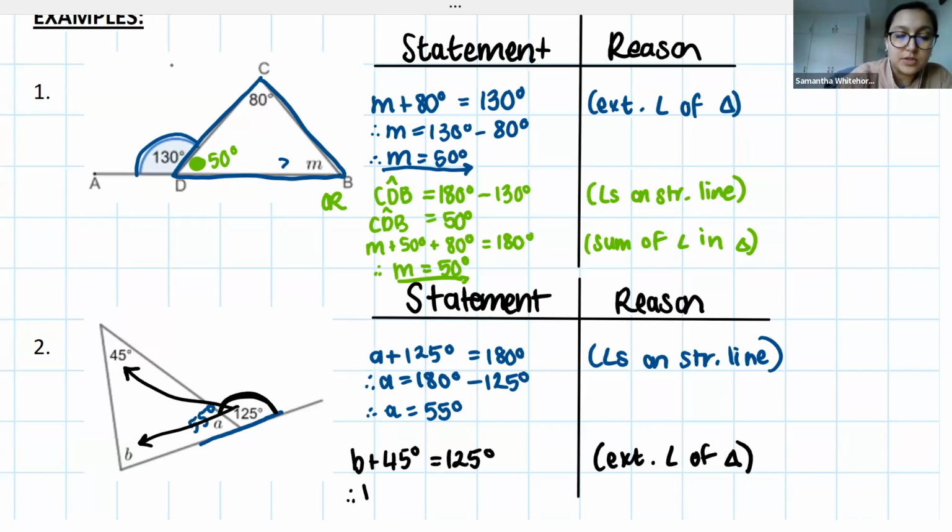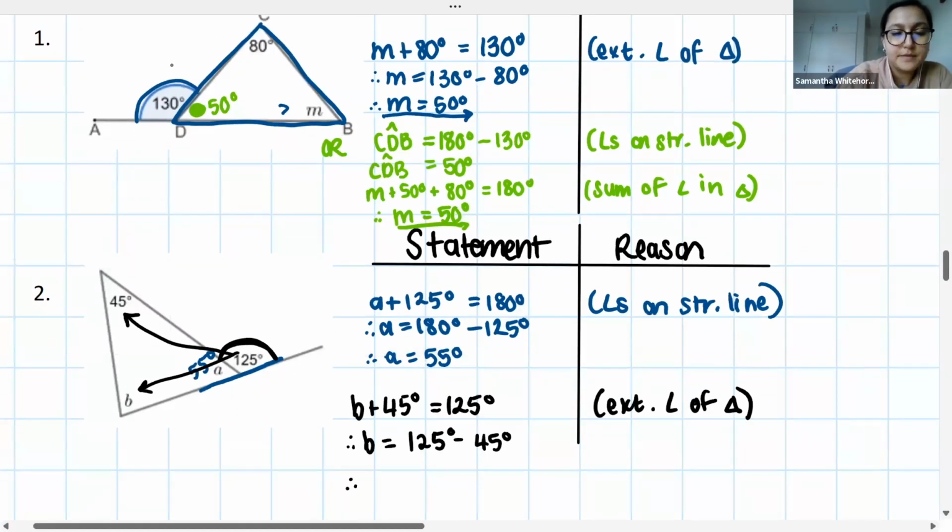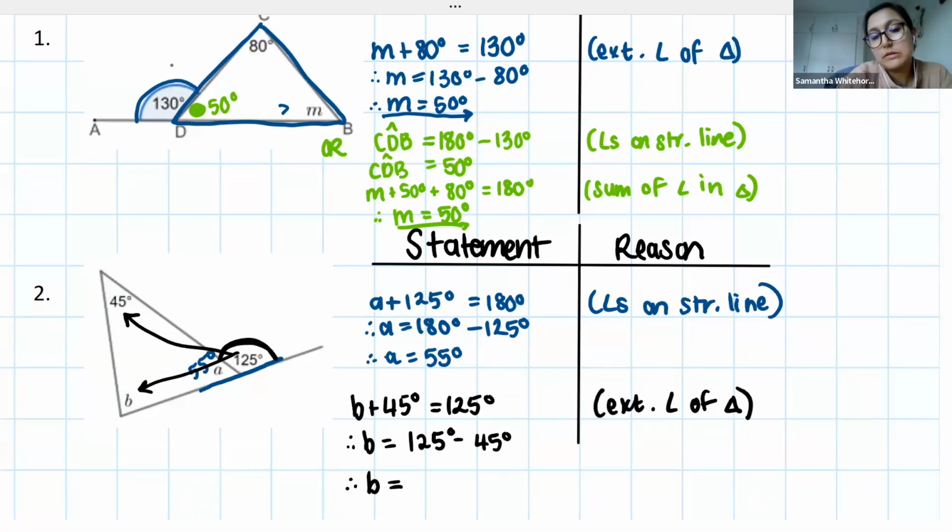And so using inverse operations, we're going to subtract 45 degrees on both sides of my equation. And so B is equal to 80 degrees. I'm saying it with a lot of confidence.